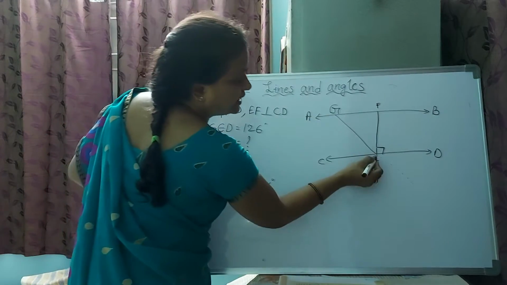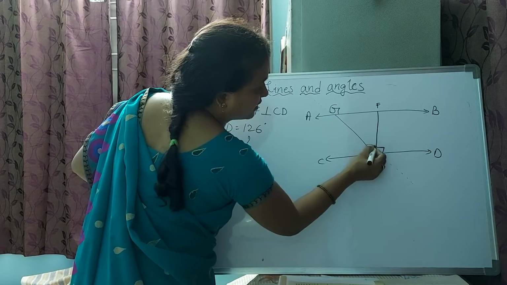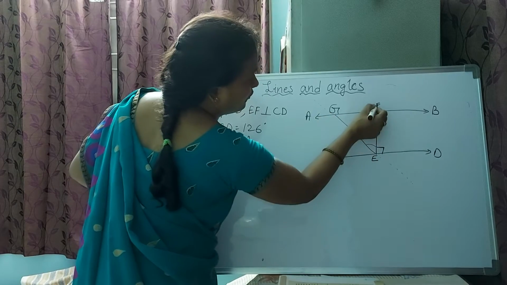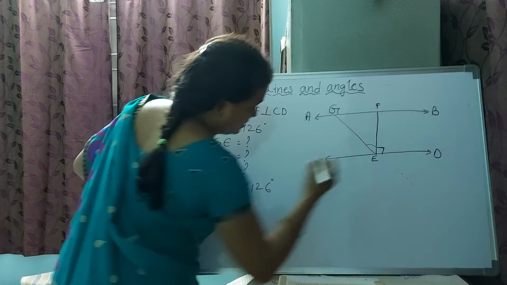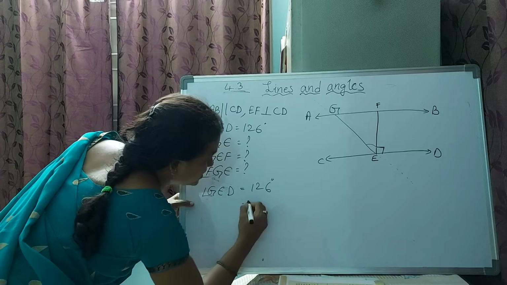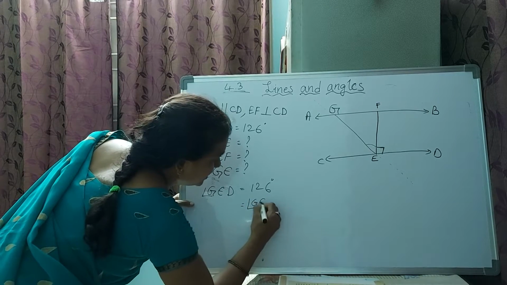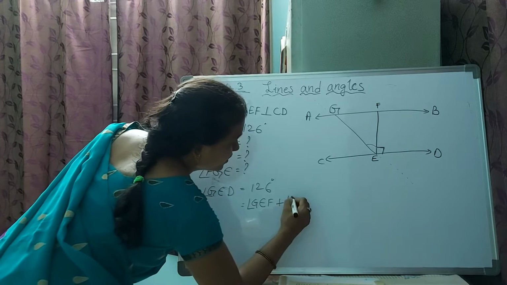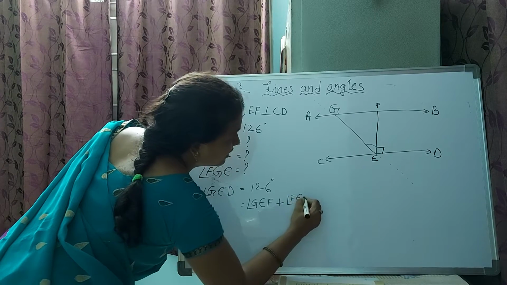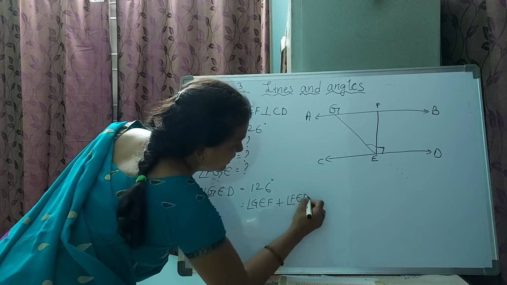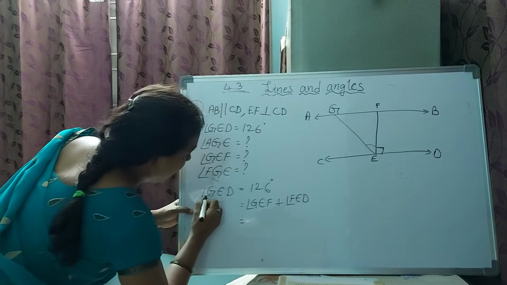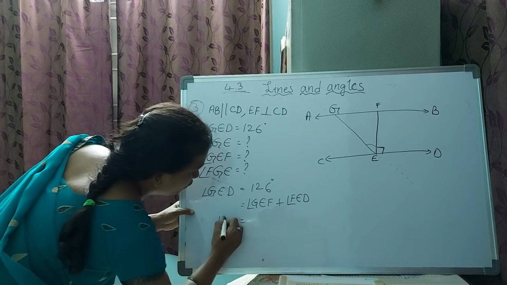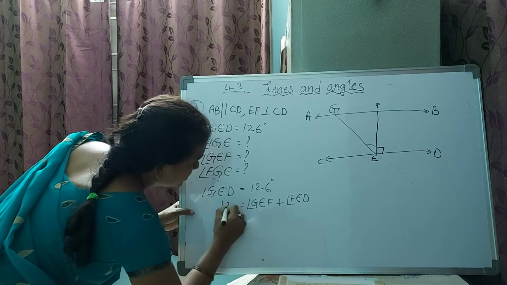Angle GED means two angles are there: GEF and FED. Angle GED means angle GEF plus angle FED. See, angle GED is equal to 126 degrees.